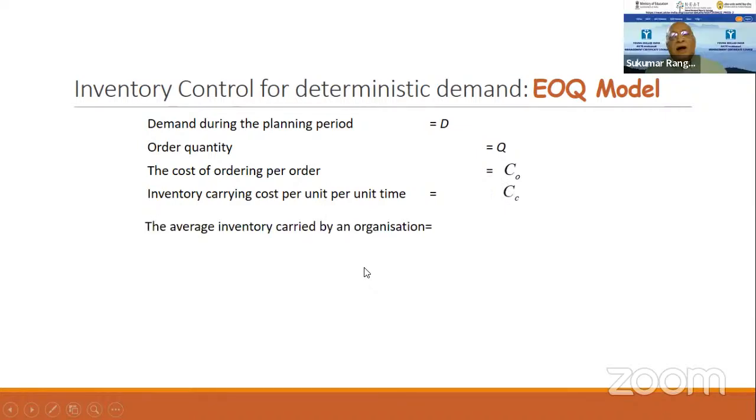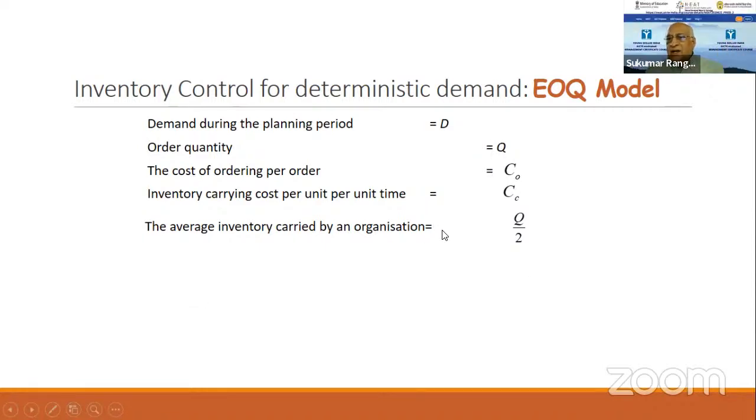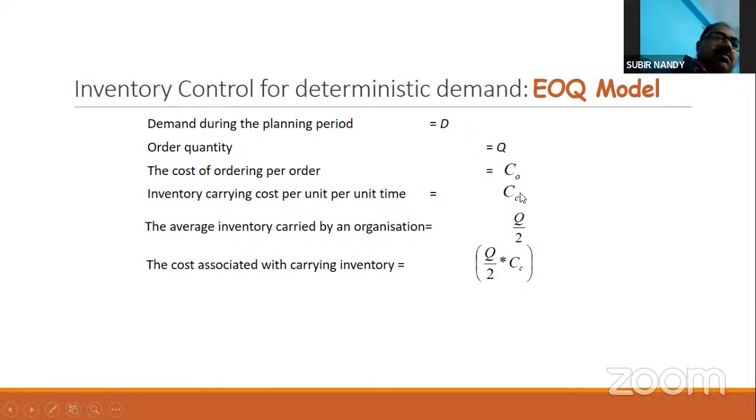The average inventory carried by an organization will be Q by 2, that is, order quantity, whatever is being decided, we have not decided yet. Q divided by 2, assuming a linear consumption, of course, which holds in most cases. The cost associated with carrying the inventory will be Q by 2 into the inventory carrying cost.